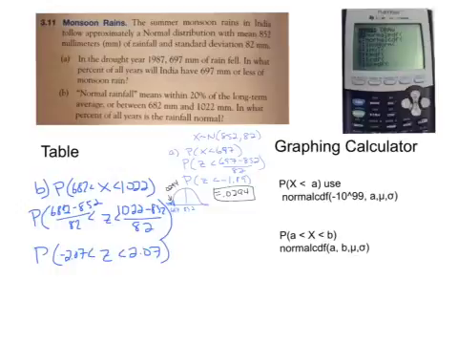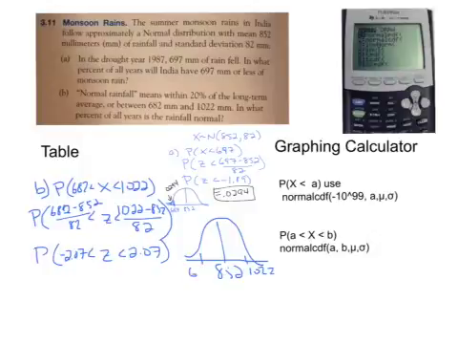Now let's look at this diagram for this one as well. My 682 is down here, my 1022 is here, and I'm looking for the area of that region in between.